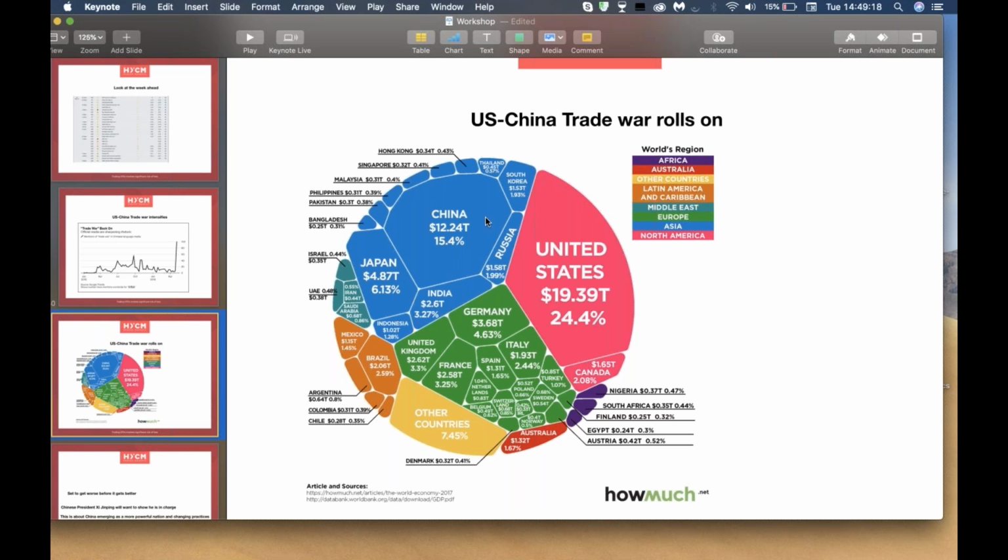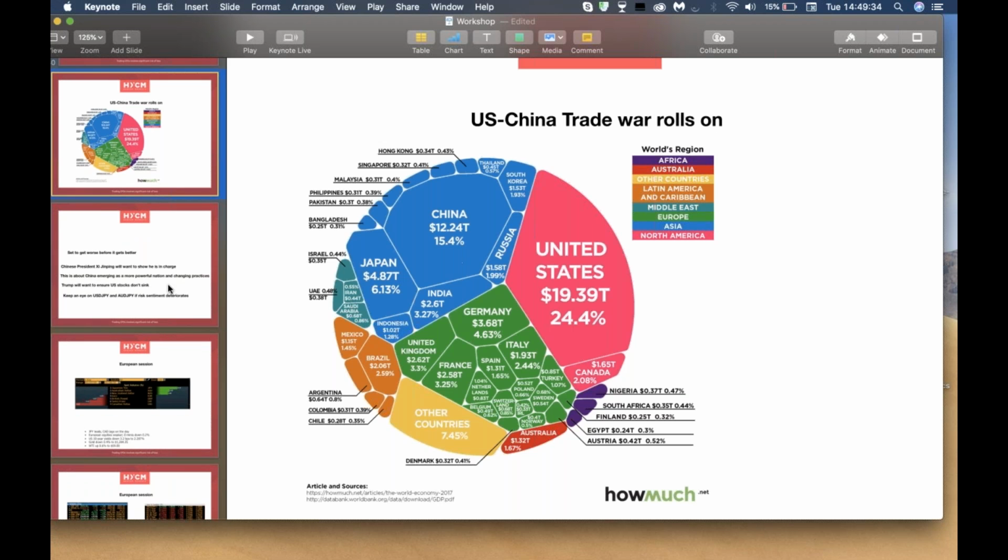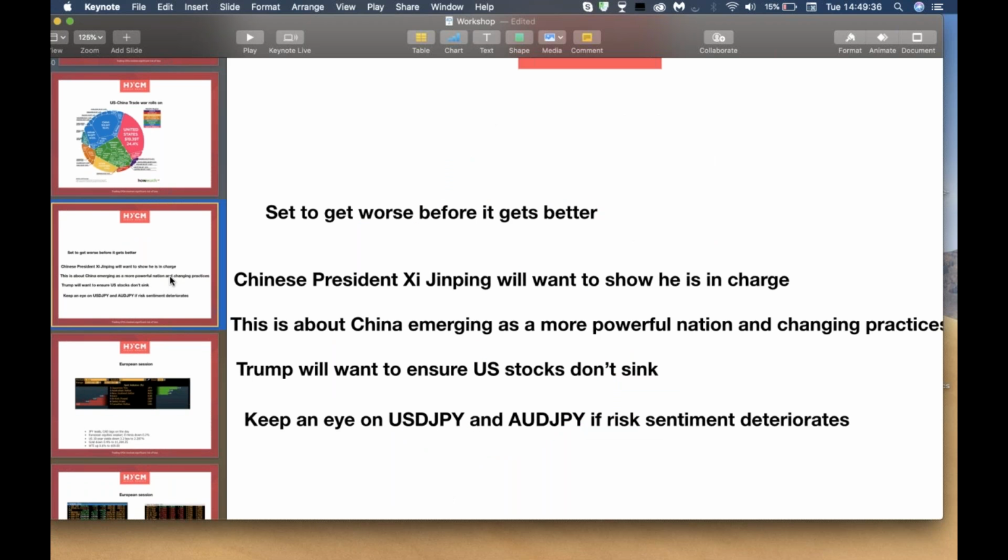All these countries are interrelated. As these two countries slug it out against each other, the rest of the countries of the world reel from their punches. So keep that big picture in mind. I think it is set to get worse before it gets any better.